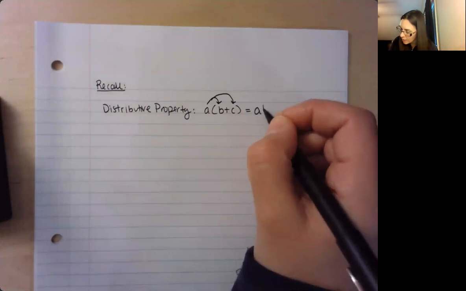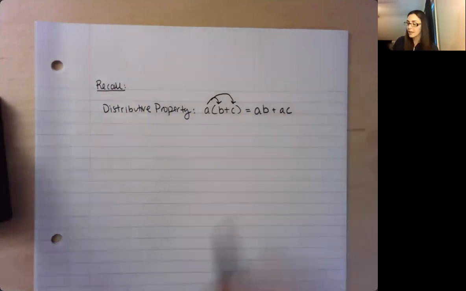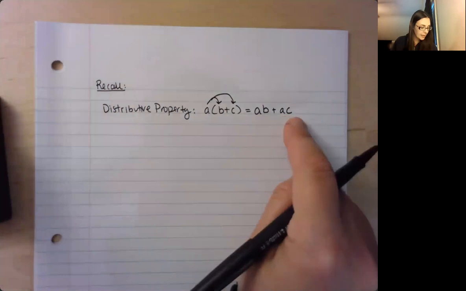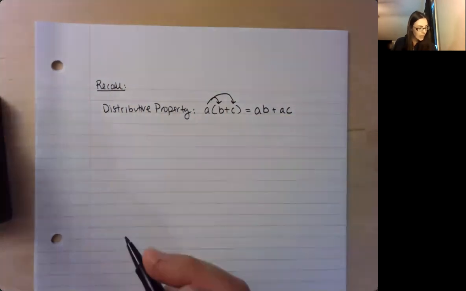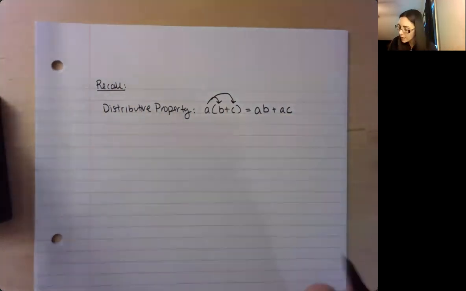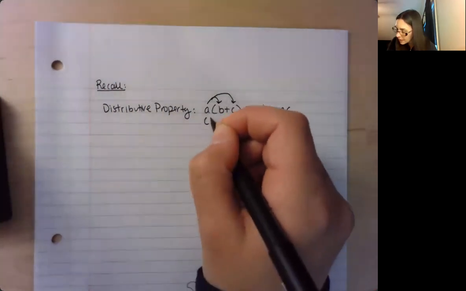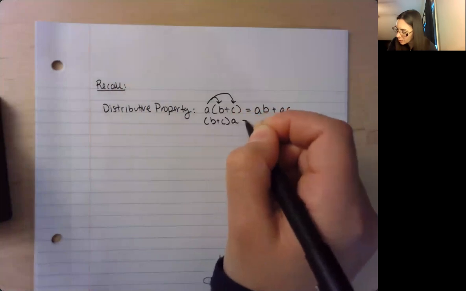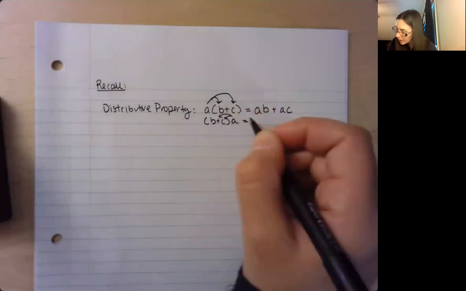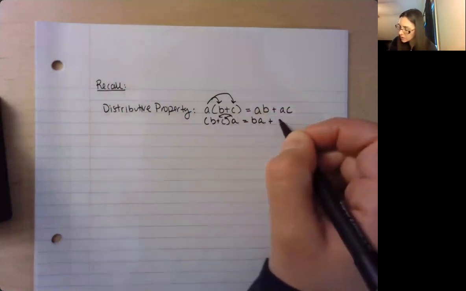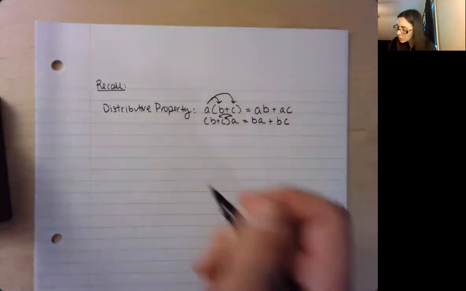So you have AB plus AC. This is, again, A times B, A times C. And it also works the other way. So if you have the B plus C times A next, you can bring it in this way. So BA plus BC is fine. And you can also do it with subtraction.